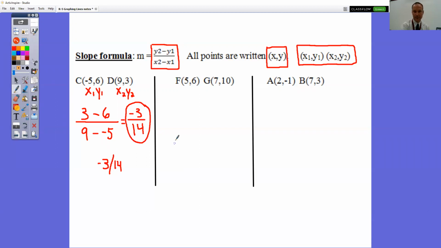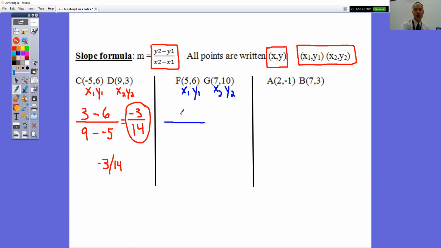Let's take a look at the middle one. Again, all points are written x comma y. So 5 is an x, 6 is a y. 7 is an x, 10 is a y. 5 comma 6 is your first point, so these get ones. 7 comma 10 is your second point, so these get twos.